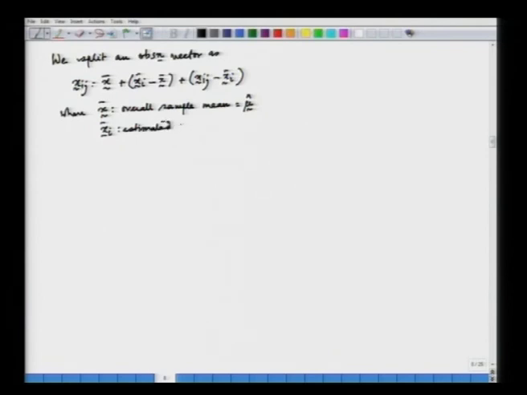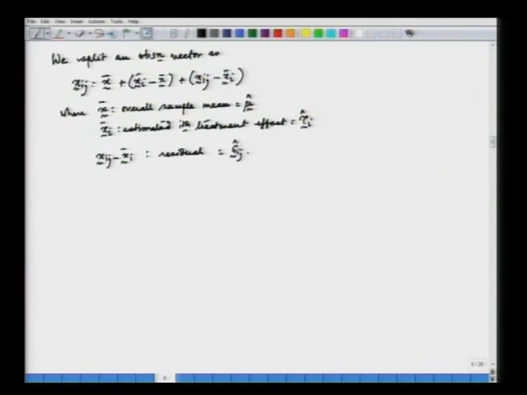We are not calling this the mean effect now, because we have separated out an overall effect, and we call this strictly the ith treatment effect, the estimated ith treatment effect, tau I hat, and the rest of it is nothing but the residual, which has the notation Eij hat.